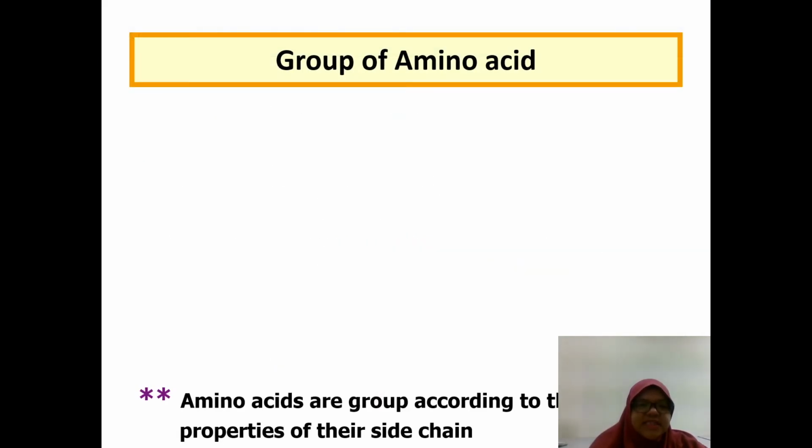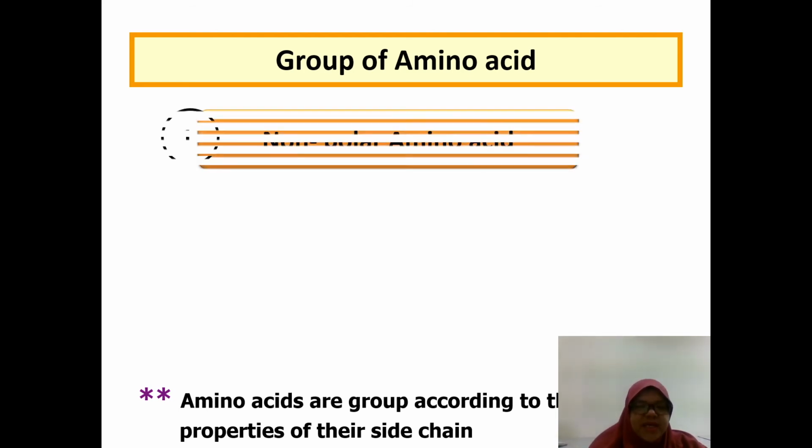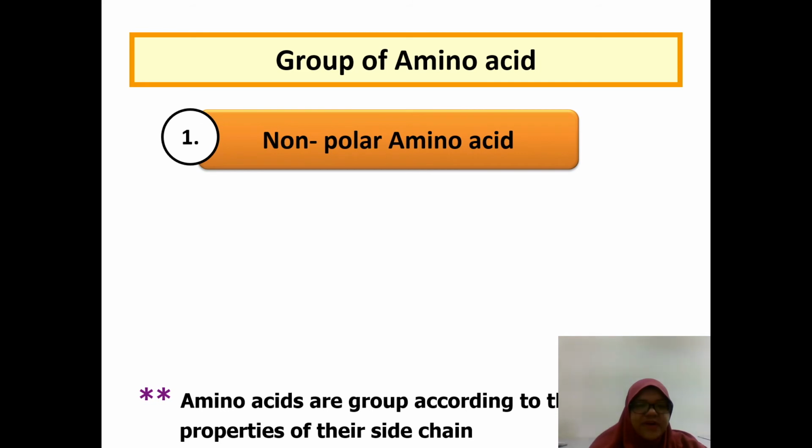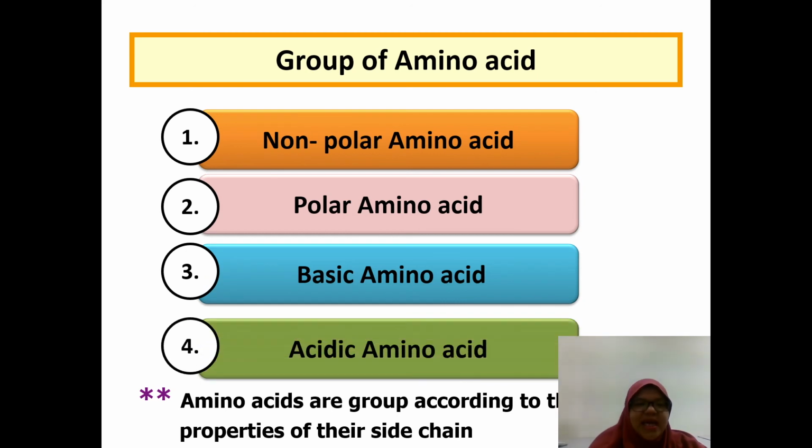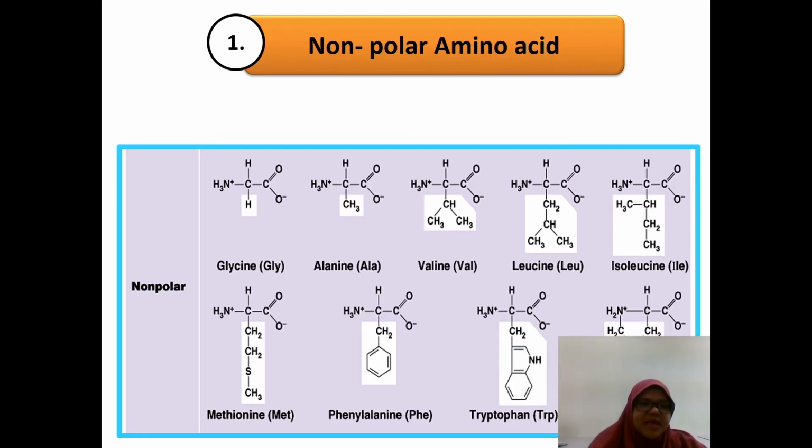So we go to the second learning outcome, which is how amino acids are grouped. Basically, amino acids are grouped into 4 groups: non-polar amino acids, polar amino acids, basic amino acids, and acidic amino acids. First is non-polar amino acid.